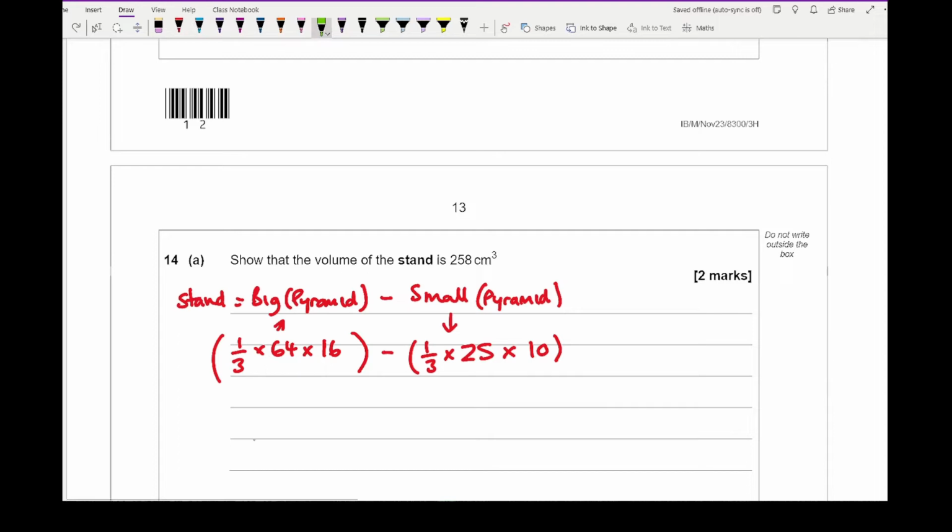Then type in each of these. I would always recommend that you type it in separately onto your calculator. So this first bracket equals 341 and a third, minus the second, the small pyramid, which is 83 and a third. And taking those two answers away, we get an answer of 258, which is what they wanted me to show.